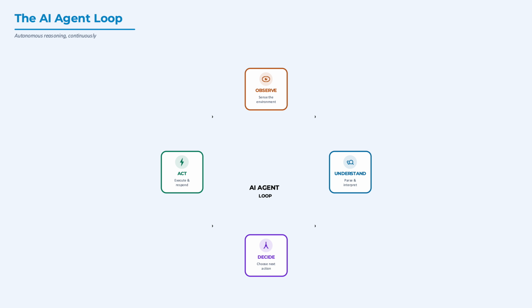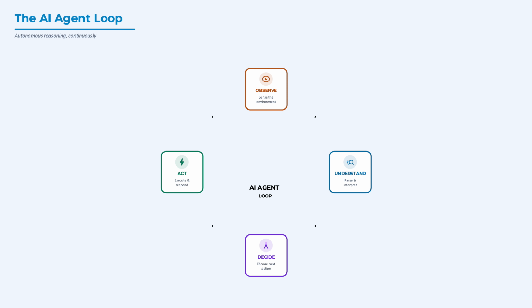Let's use an example. Imagine you ask, "Find failed payments from today and send me a summary." The agent starts with the goal. First, it understands the request. Then it decides, "I need to find today's failed payments." So it calls a tool. The tool returns the payments.